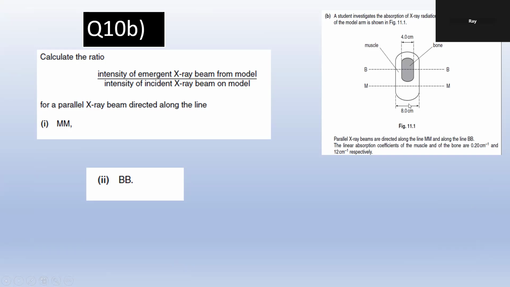MM is all muscle, so you use this one. You should remember the formula.